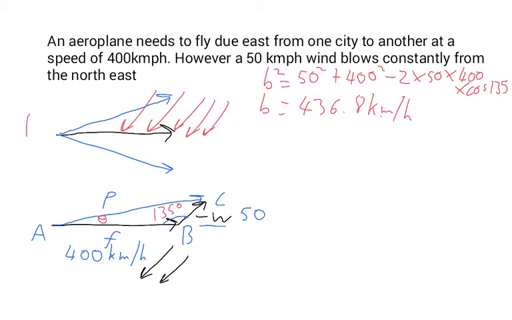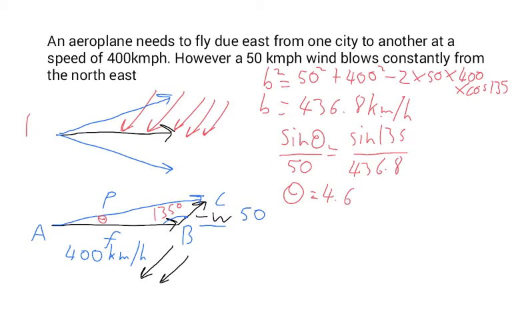So we're going to have sine theta over 50 equals sine 135 over 436.8. That's obviously using the sine rule. So theta is going to be 4.6 degrees.